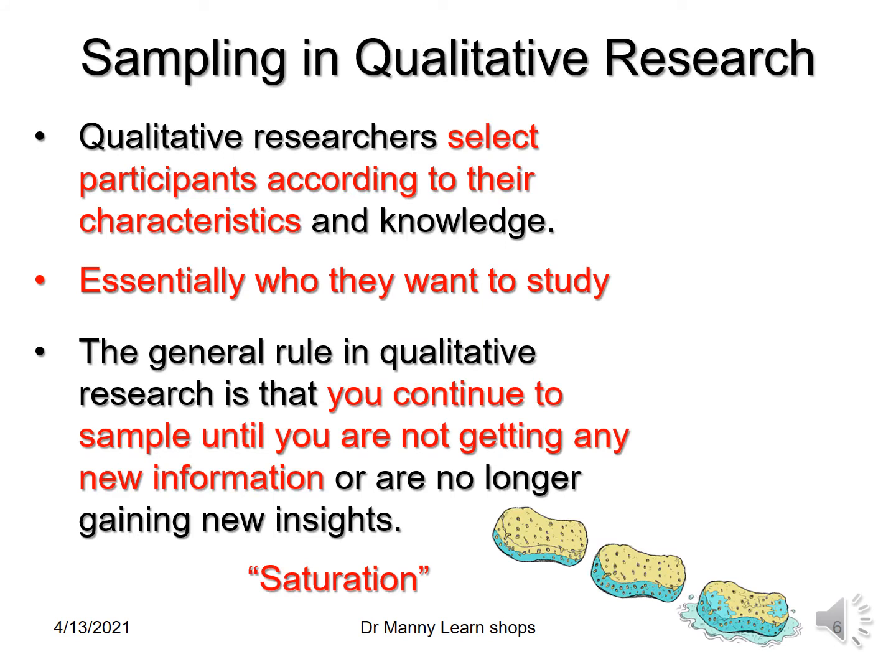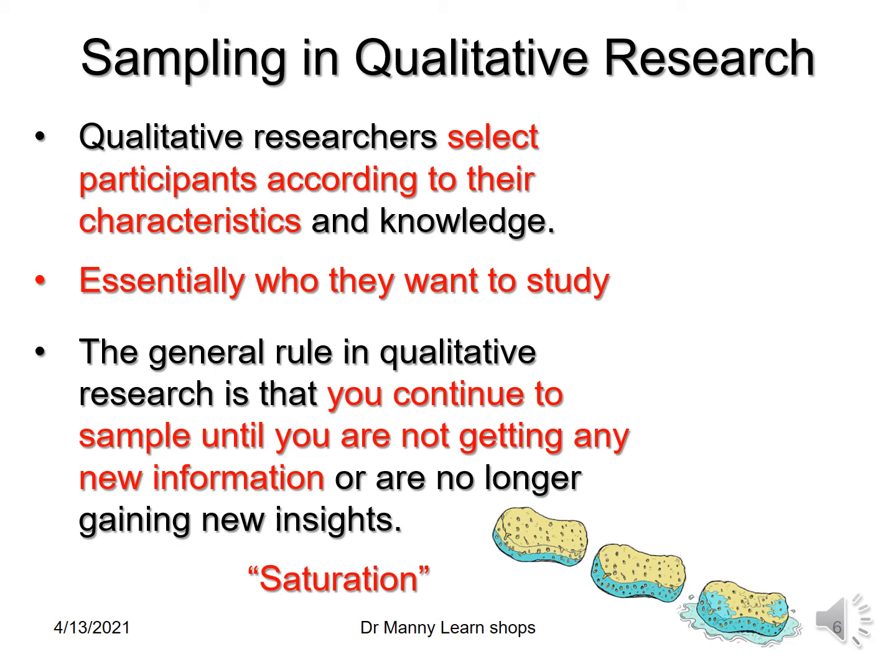Now, sampling in qualitative research is where qualitative researchers select who they want to study. They select the participants according to their characteristics that they know and the knowledge that they think they have. The general rule in qualitative research is that you continue to sample until you're not getting any new information or you're no longer gaining new insights into the data that you're collecting.